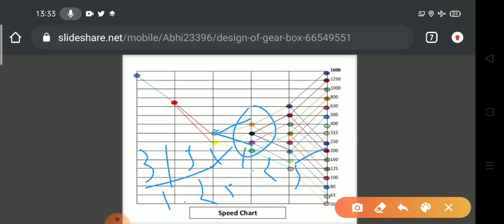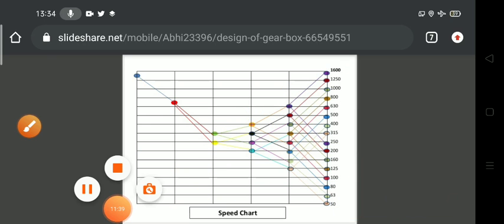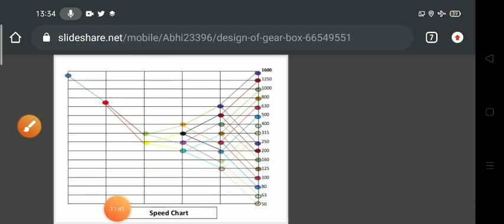Further, if you multiply and divide by 1.25 with all these 4 points, you can get 8 more points. If you multiply and divide by 1.25 with these 8 points, you can get 16 more points, and all the points are the speeds of the spindle. So this is the speed chart, right? Understood? How can we draw the speed chart?